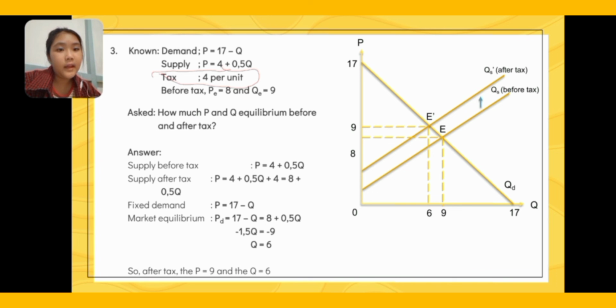So minus 1.5Q equals minus 9, and Q equals 6. So after tax, P equals 9 and Q equals 6.